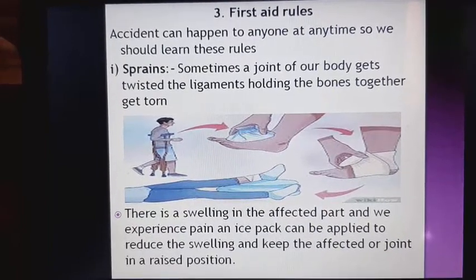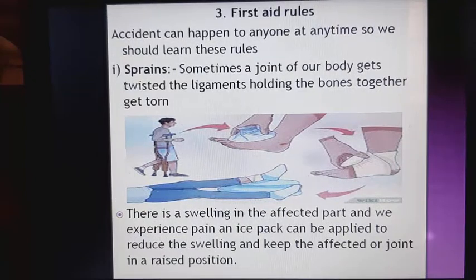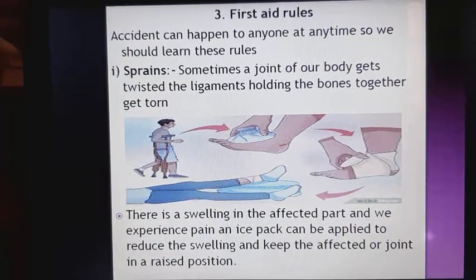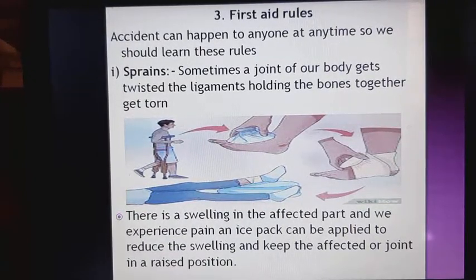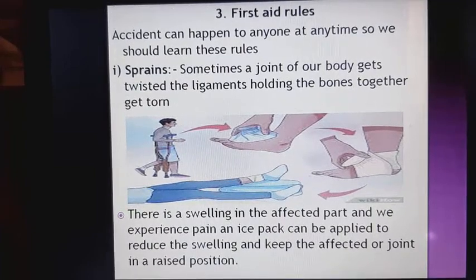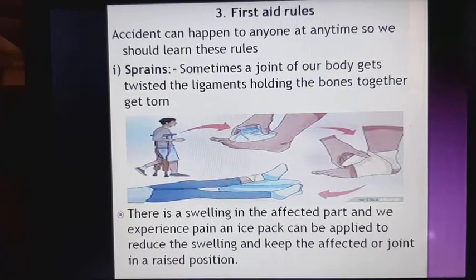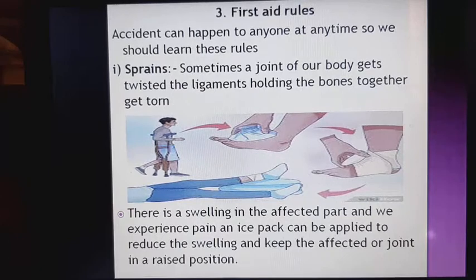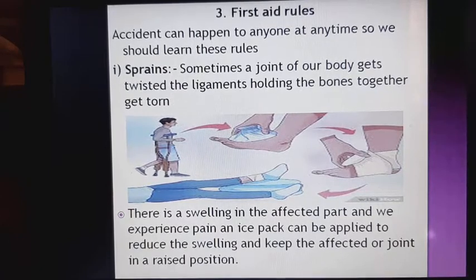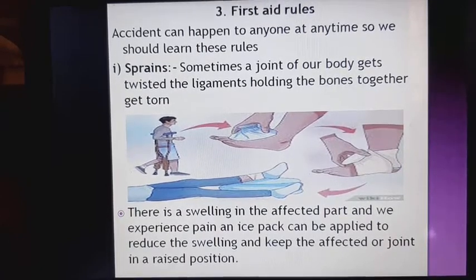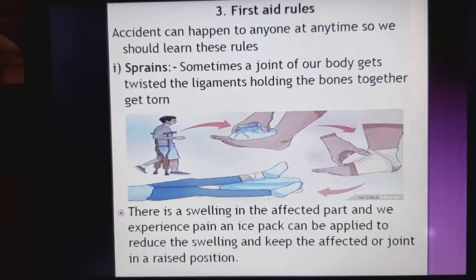Observe the picture of sprains. There is swelling in the affected part and we experience pain. An ice pack can be applied to reduce the swelling, and keep the affected joint in a raised position.